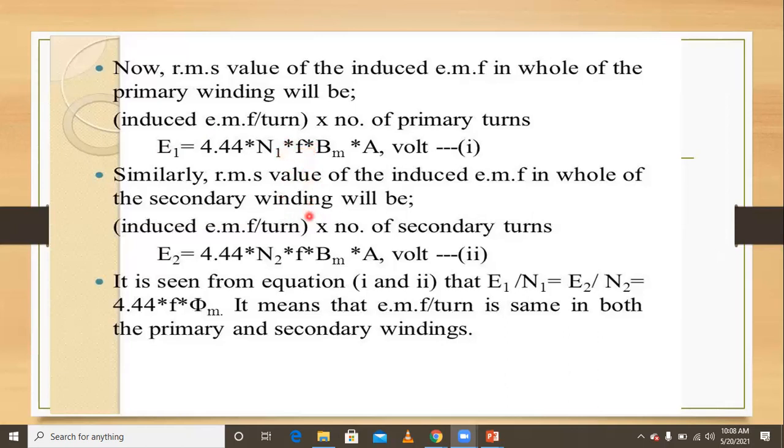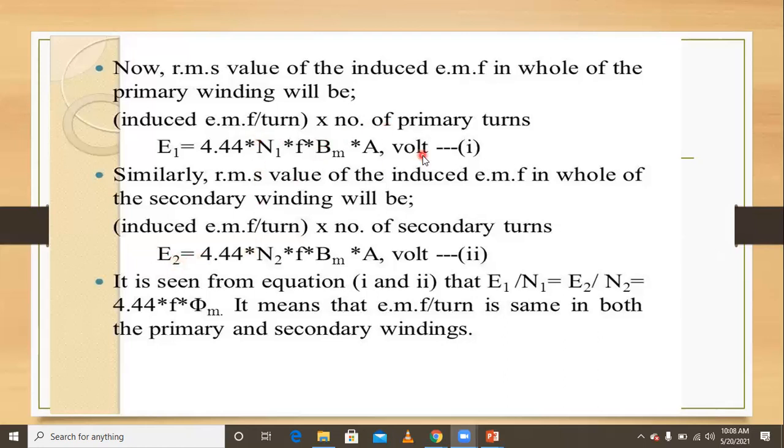Here constant frequency, and here phi is equal to phi m; here also flux phi. The flux is constant, so only the turns are changing. Here N1 turns, here N2 turns. E1 is called the primary induced EMF and E2 is called the secondary side induced EMF.